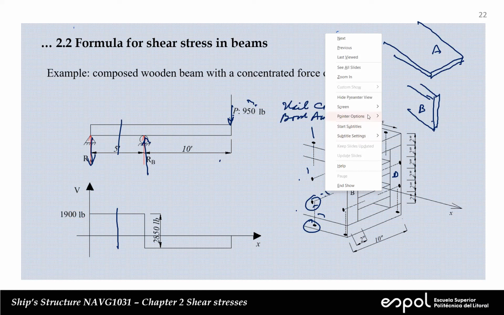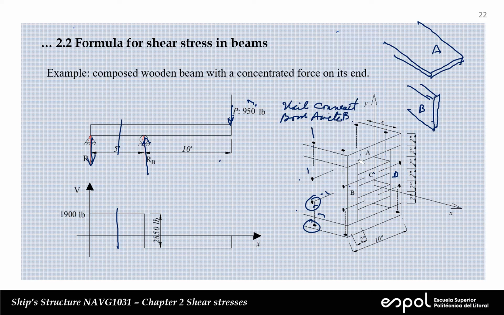So we said before that we need to have net forces in the Z direction equal to 0, right? And we have to have net forces in the Y direction equal to, in this case, 1,900 pounds, right?